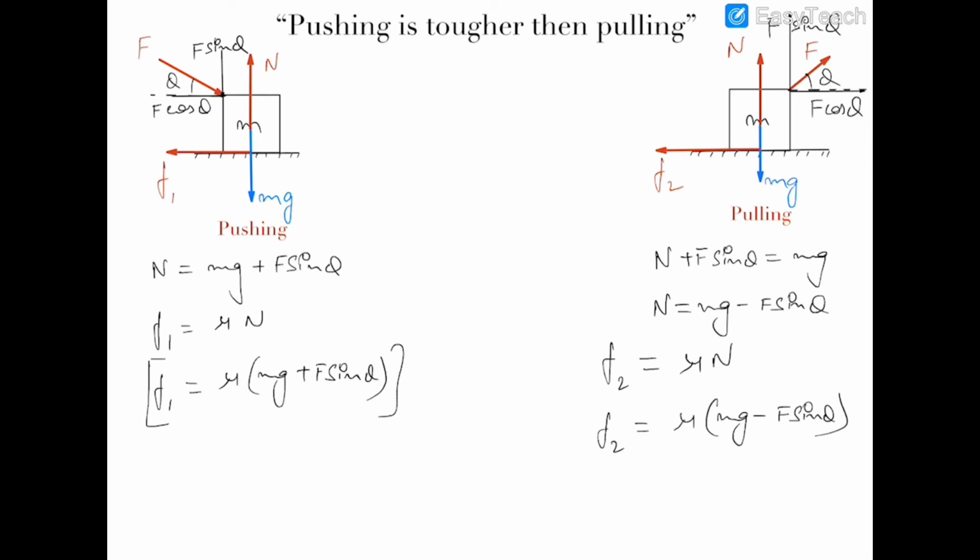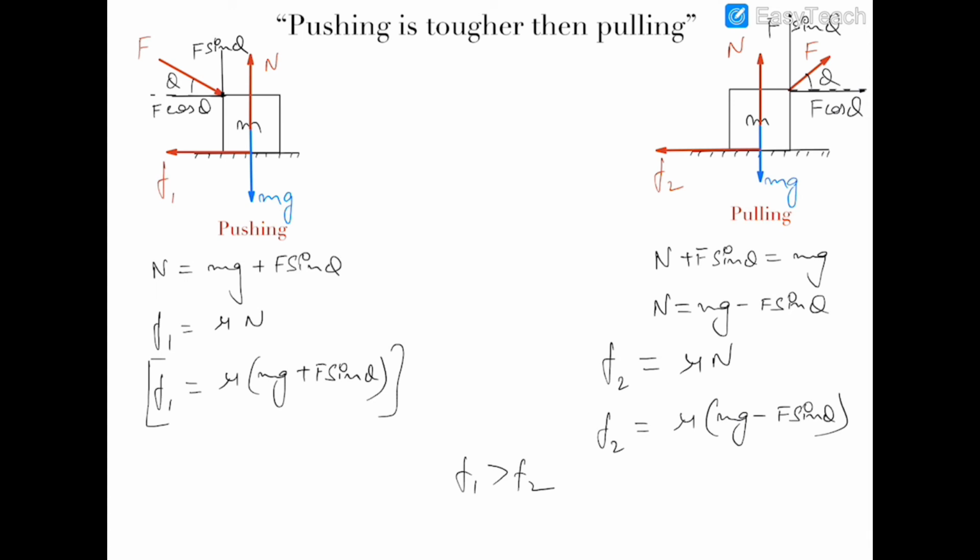So you can clearly see that F1 is greater than F2. The value of friction in the case of pushing is greater than the value of friction in the case of pulling, and it is due to the fact that in the case of pushing, one component of the pushing force gets added to mg to increase the value of normal reaction, and in the case of pulling, one component of the pulling force gets subtracted from the normal reaction and decreases its value.